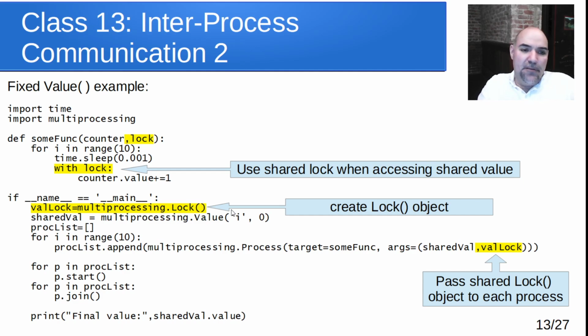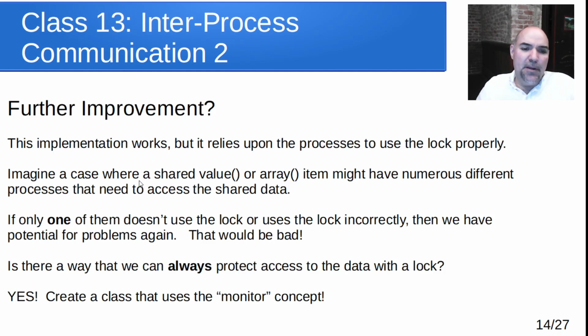All right, so here's how we're going to fix it. In our main up here, we create a lock, a single lock, and we're going to pass the shared value and the lock to each of the threads. Now that they have a lock, we're just going to use with lock around the thing that's updating it. So now we've protected this as a critical section, this whole thing. And at that point, now we have a solution.